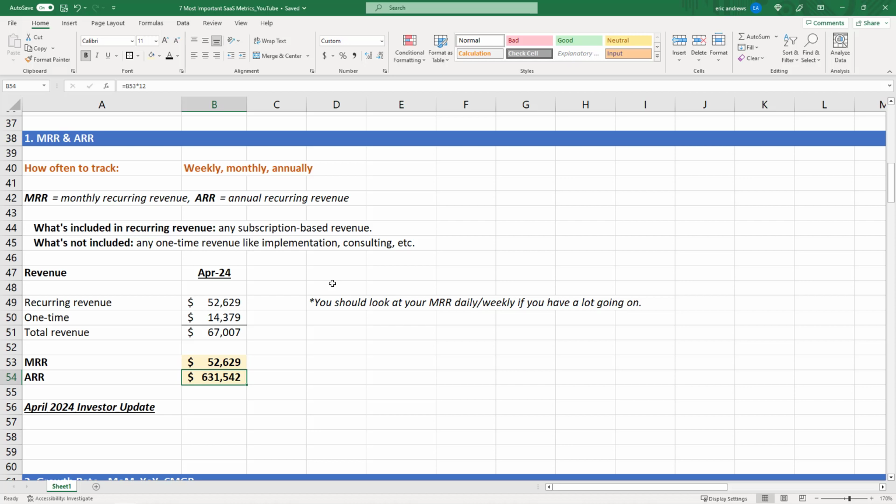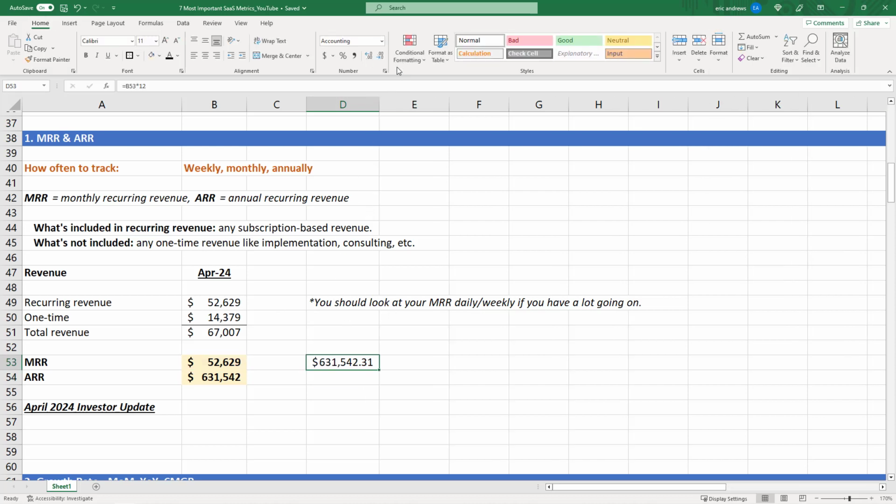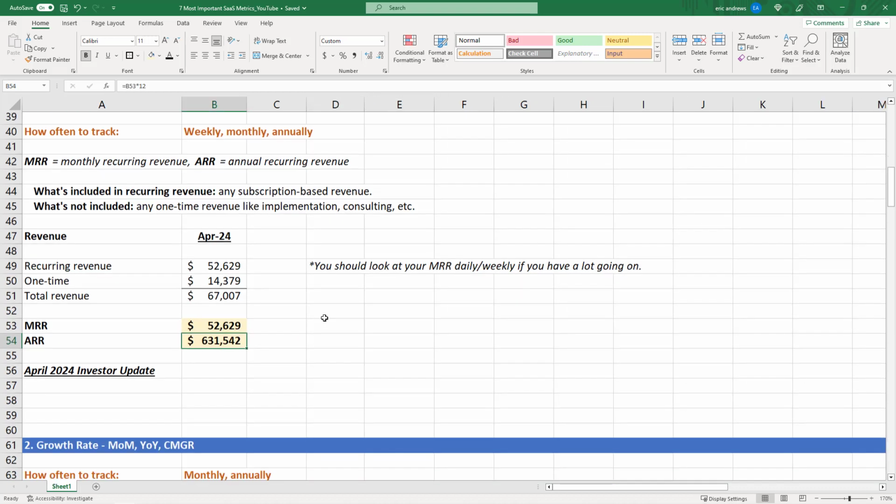What that means is if you did this prior month, which is April 2024, for 12 months in a row, how much recurring revenue would you have on an annualized basis? If you just did this month for 12 months without it increasing or decreasing, you'd be doing about $631,000 a year of recurring revenue. It just gives you a run rate metric. And that's what ARR is.